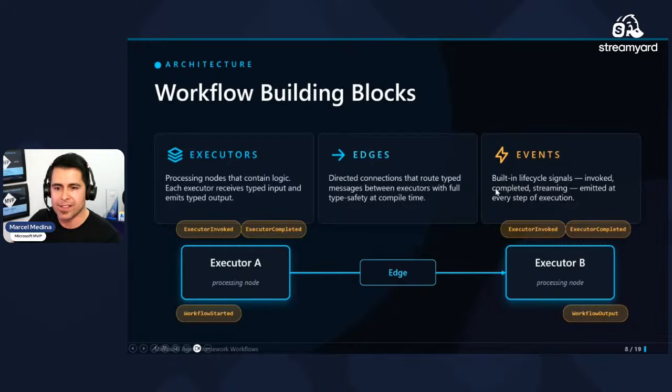And when things happen within those executors, or even when the workflow starts, you have particular events. It's about the life cycle, so you can inspect and see what's happening. For example, the executor has been invoked, or the executor has been completed, or the workflow has been started. You could watch those events if you want to.